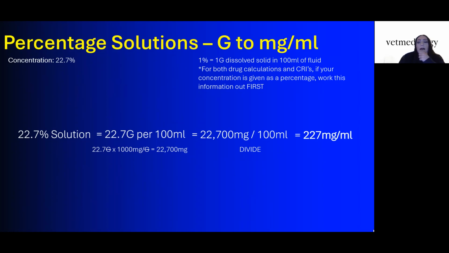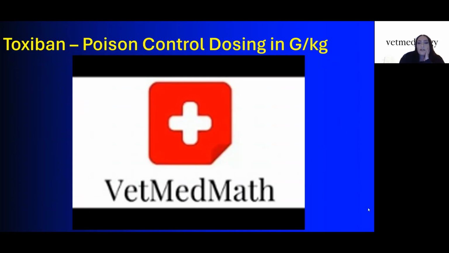So basically, we obviously are not giving Baytril straight at a 22.7% solution. We want it, ideally 1 to 10, at a 2.27% solution. So that number may change, based on your dilution.